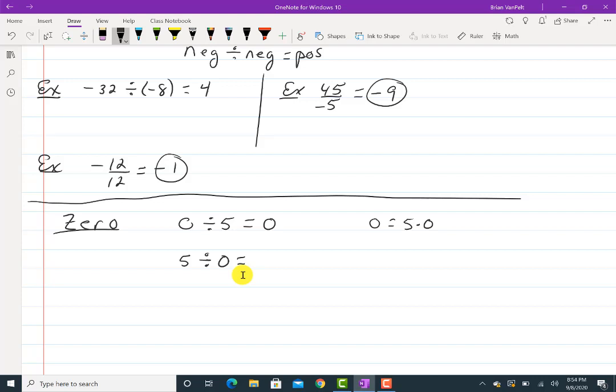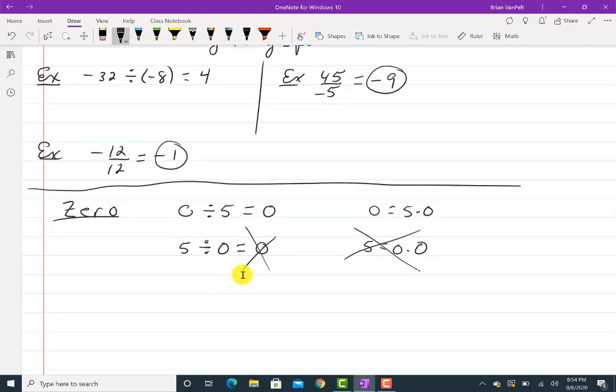Well, who knows what it's going to be. If I put any number over here, I don't even know what you'd try, but let's say I put a 0 over here. Well, when I reverse it, 5 would have to equal 0 times 0, and that's not true. 5 is not equal to 0.